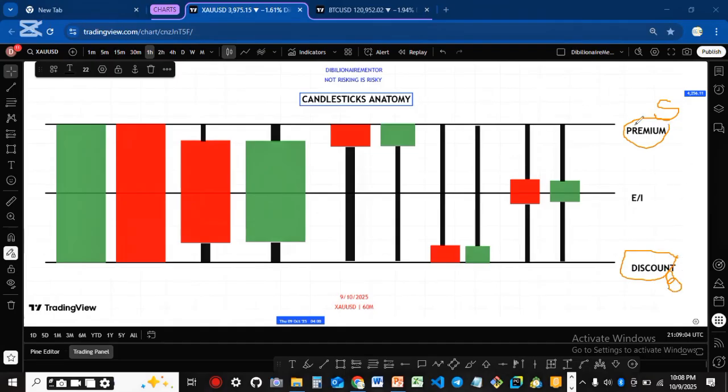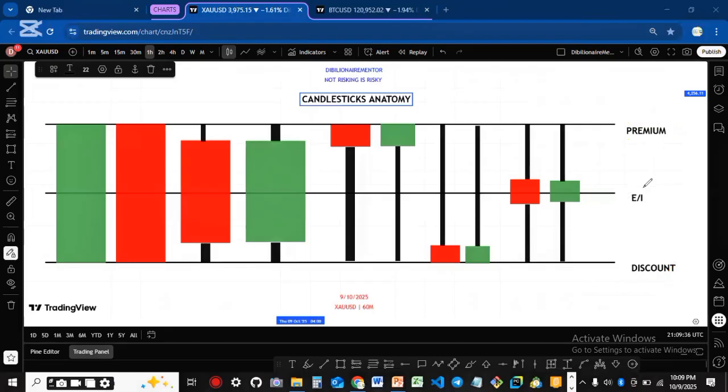The premium we could call supply, because supply simply means to sell things to your customers. The discount simply means demand. This is where we have large demand orders, where you want to buy something. Very simple from our basic economics in class.